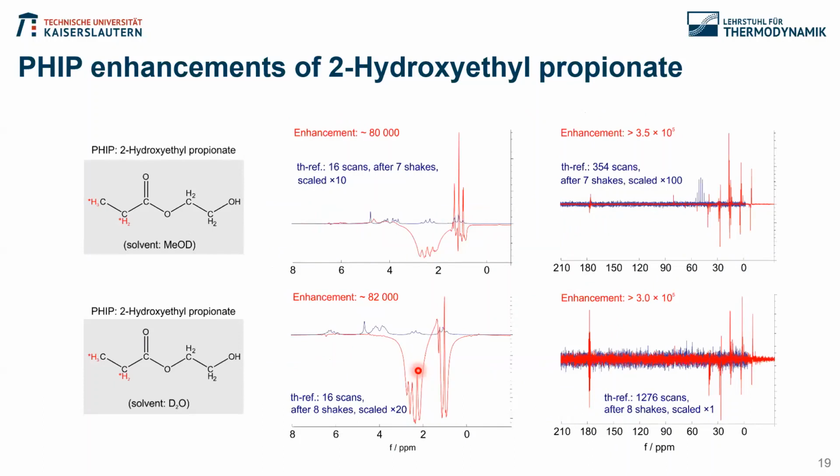And the same is true for the hydroxyethyl propionate. Here we performed the experiment in different solvents like methanol or D2O. And for the reaction monitoring, we did both H2O and D2O just to see if we have any difference, which of course we don't expect.